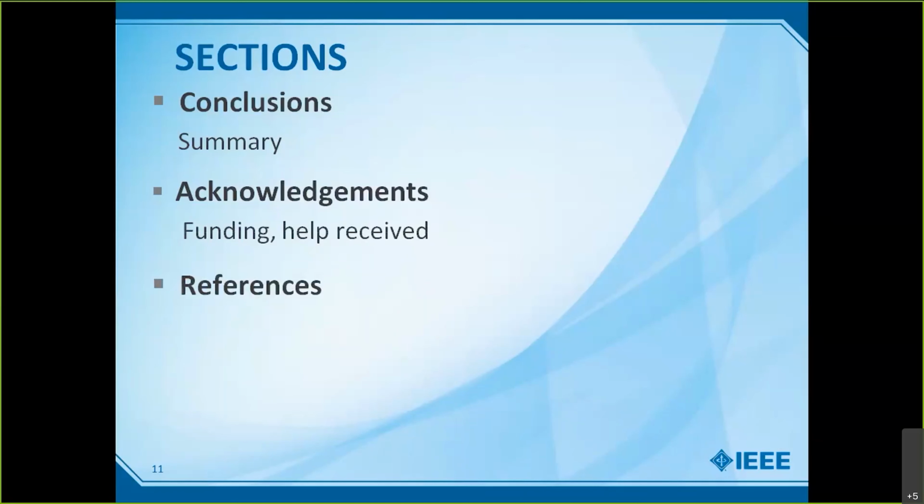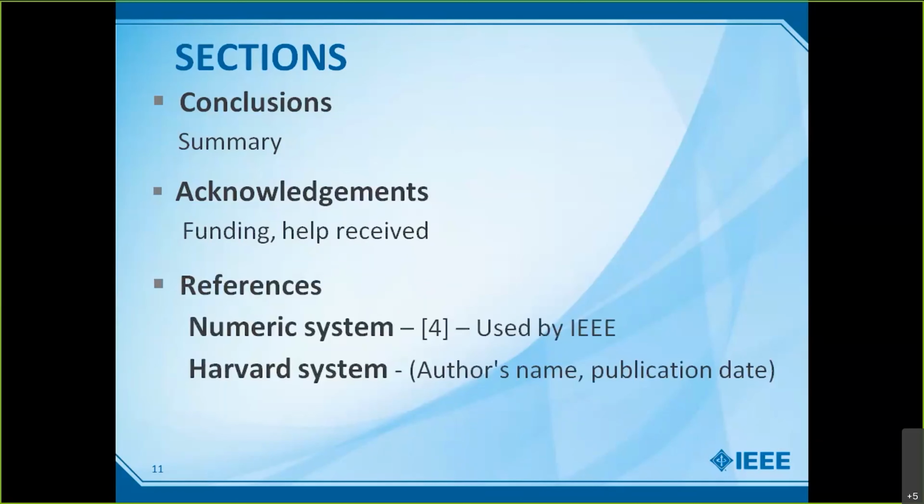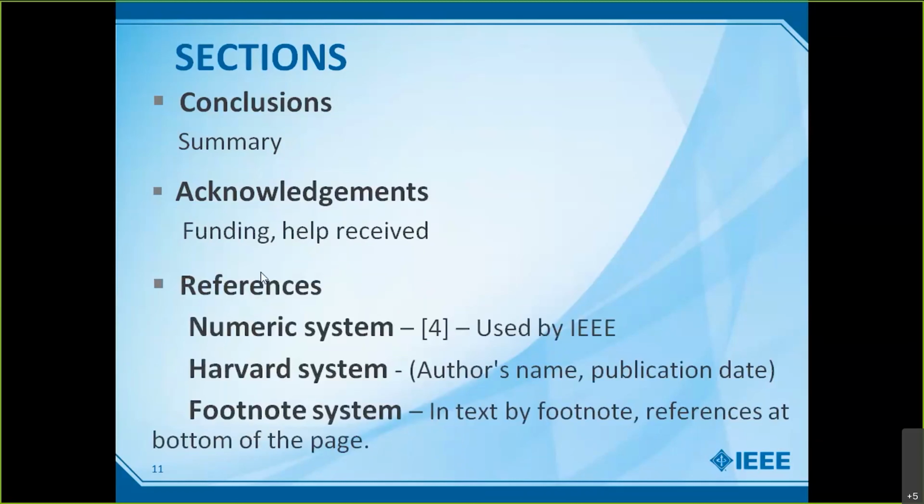References, different types of referencing systems are available in the world. The first one is numeric, Harvard system, footnote system. IEEE uses numeric system where inside the text you use square brackets and you write 4. This 4 is the fourth reference used at the end.